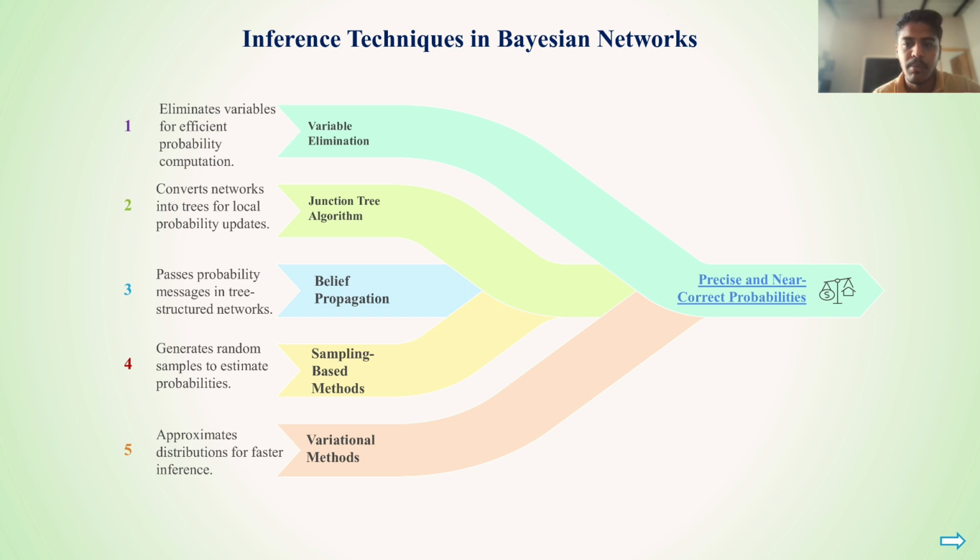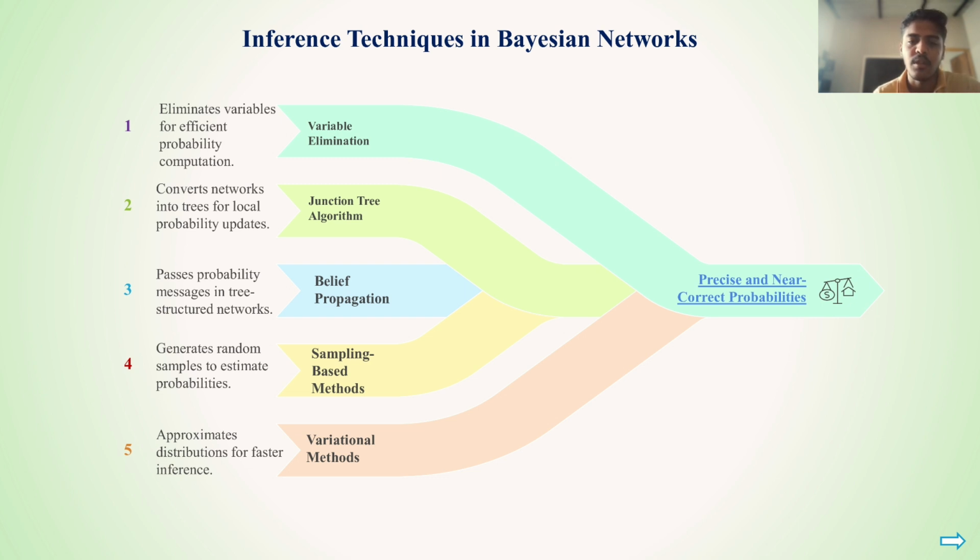Inference techniques in Bayesian networks. There are various methods. First one is variable elimination, junction tree algorithm, belief propagation, sampling based methods, variational methods. Variable elimination eliminates variables for efficient probability computation.